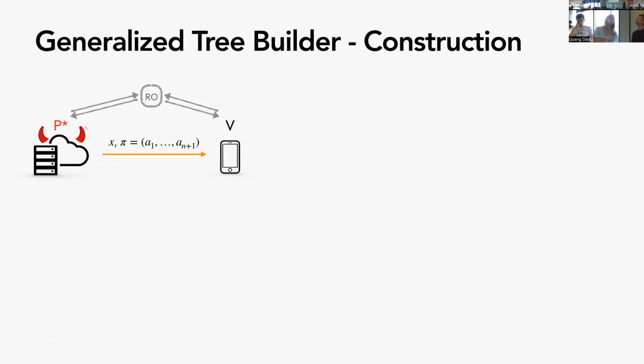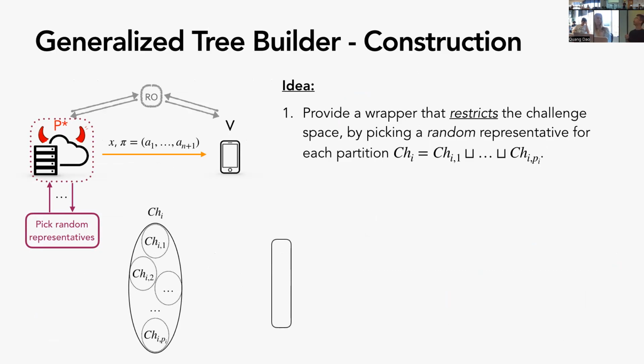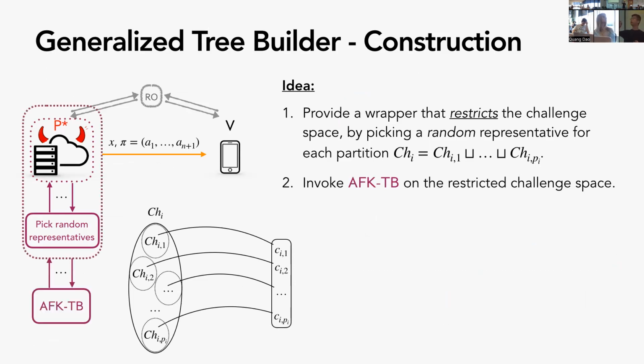So the idea to prove this generalized tree building theorem is quite simple. What we do is we try to reduce this partition predicate into a distinctness predicate, and then we apply the AFK contributor. So first, to reduce this, we just pick a random representative from each of these partitions. So imagine this is your partitions. You pick a random representative, and this will be the new oracle, the restricted oracle, that we're going to apply this AFK contributor upon.